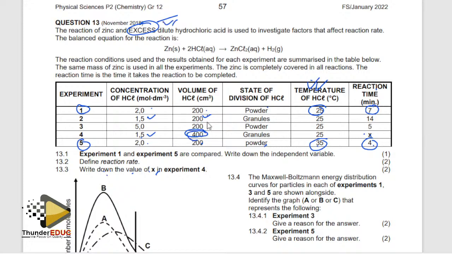So increasing the volume doesn't affect anything, because they said it's in excess. Whether you put 600, as long as it is above 200, it doesn't affect, so this and this are the same thing. The state is granule, this is also granule. It's 25, it's 25. Everything here is exactly the same as this, what is different is this, and this doesn't affect. So automatically this is going to be 14 too.